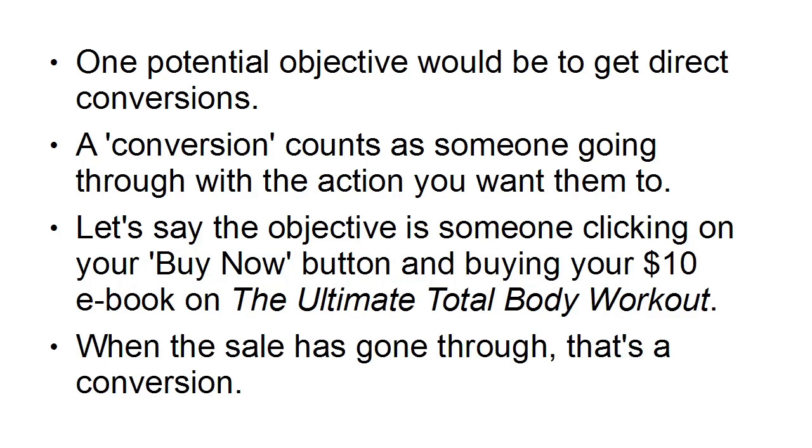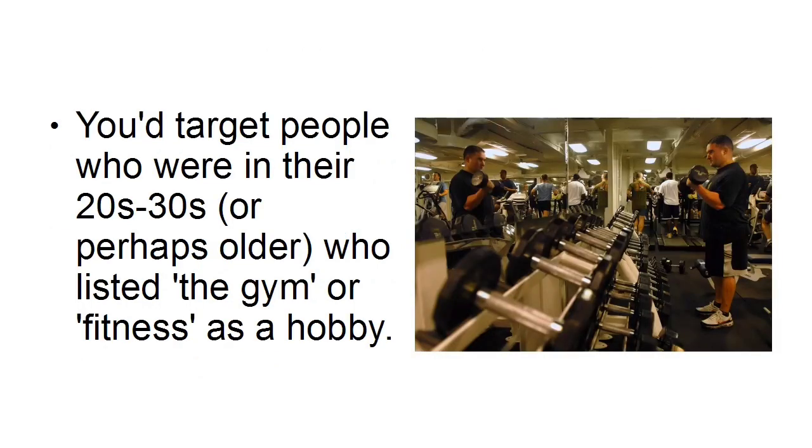And when the sale has gone through, that's a conversion. So it's making a direct sale from your website via a Facebook ad. Fairly straightforward. So what you do for this ad is you would target people who were in their 20s or 30s, or perhaps older, who listed the gym or fitness as a hobby in their Facebook profile.